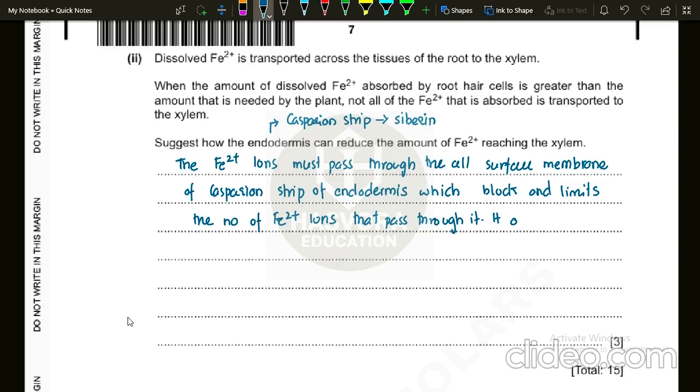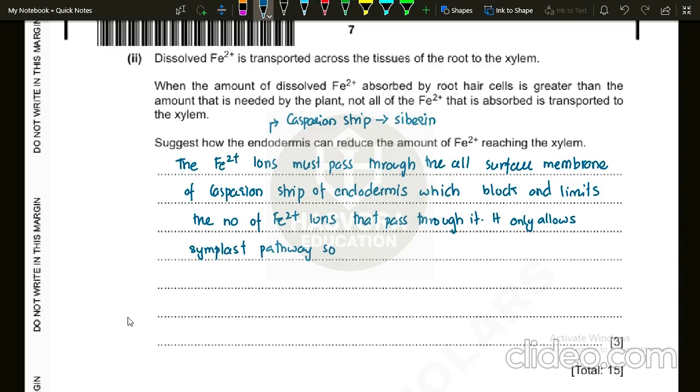It only allows the symplast pathway. Because they are using the word suggest, we can just give a possible reason.